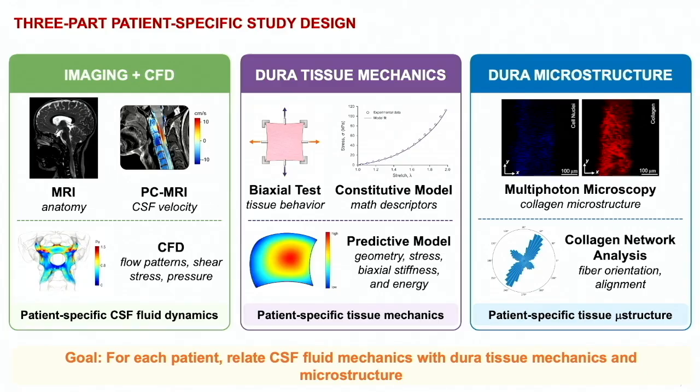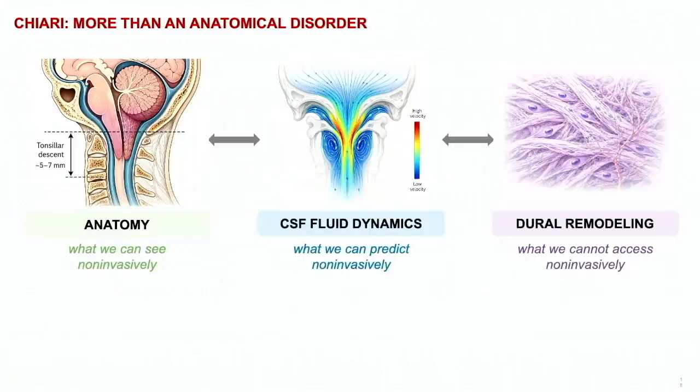So for each patient, we'll be able to connect these three levels of information: fluid dynamics, mechanical behavior of their dura and the myodural bridges, as well as the collagen microstructure underlying that behavior. And then we can ask whether differences in fluid dynamics are associated with differences in microstructure and mechanics.